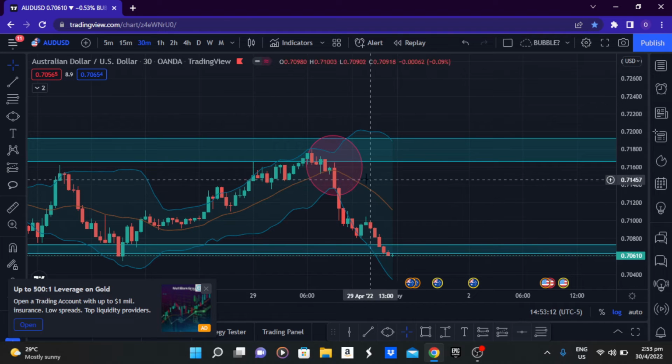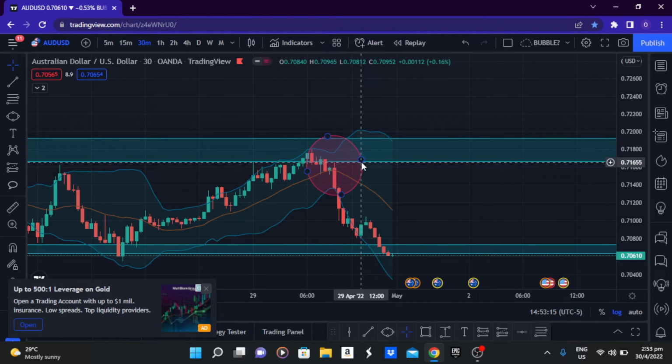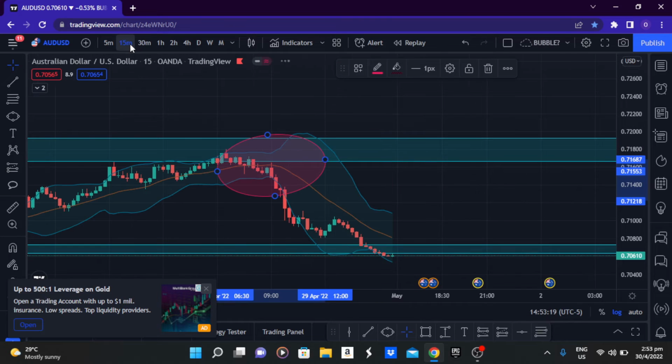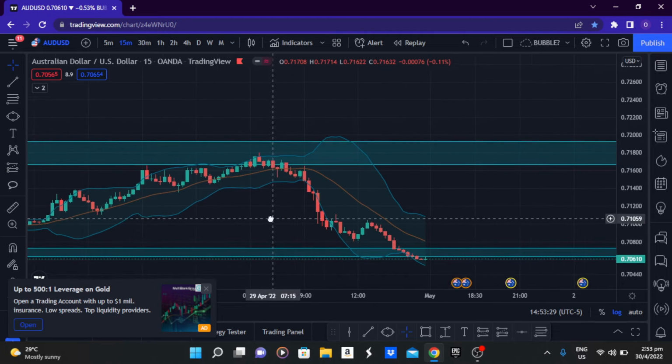So basically for me, that would be a confirmation that I should enter the trade. And if we scale to the 15-minute time frame, we'll be able to see a more detailed confirmation of this. All right, so let me just remove this here.